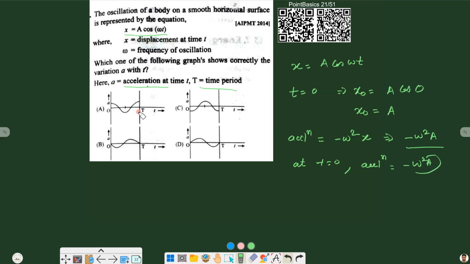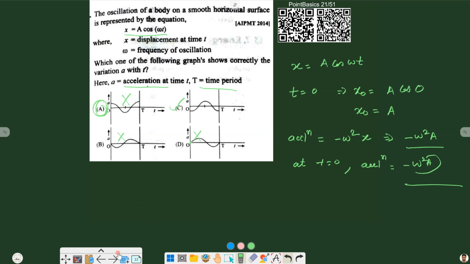Comparing with the graphs, in the first graph acceleration is positive, so this is not the answer. In option B, at time equal to 0, acceleration is 0, again wrong, and here again at time equal to 0, acceleration is 0. Only option C, where at t equal to 0 acceleration is negative, matches what we derived from the equation. So option C is the right answer.